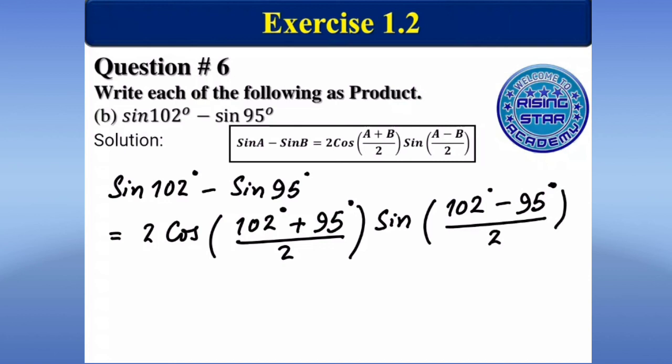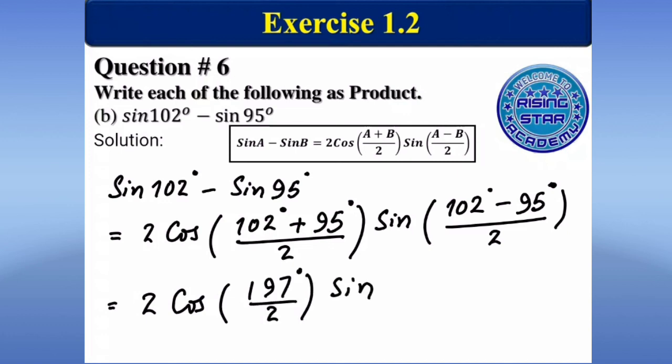Now we will use the calculator to simplify. So we have 2 cos of 197 over 2 degrees, and here 102 minus 95 becomes 7 over 2 degrees. That is our answer. Now we'll move to the next part.